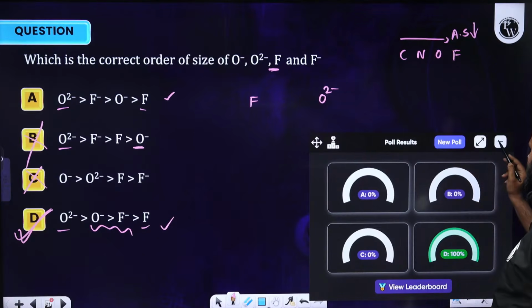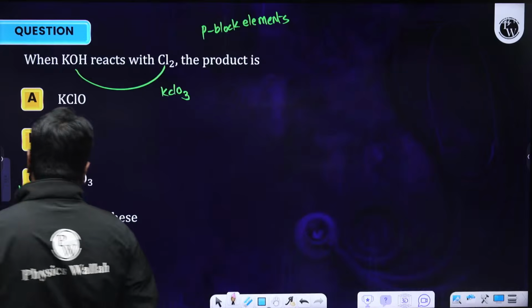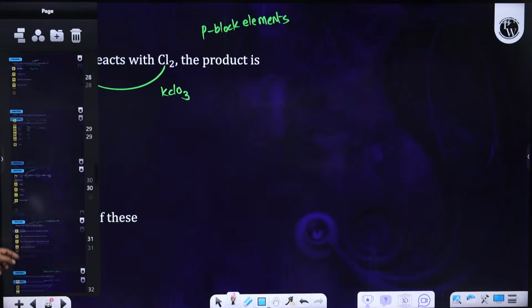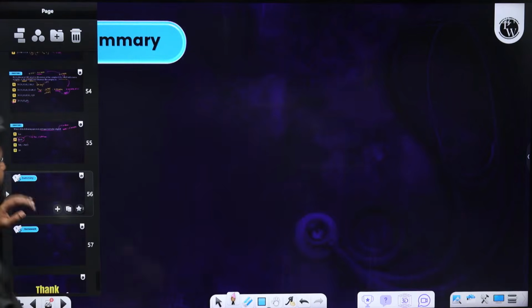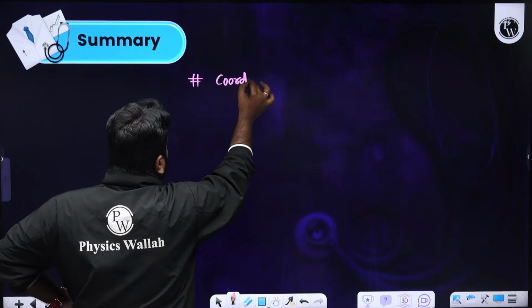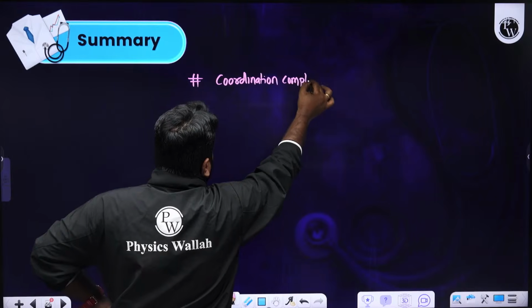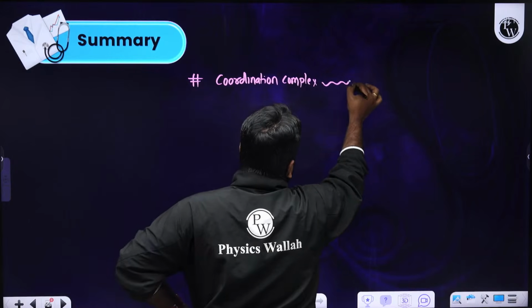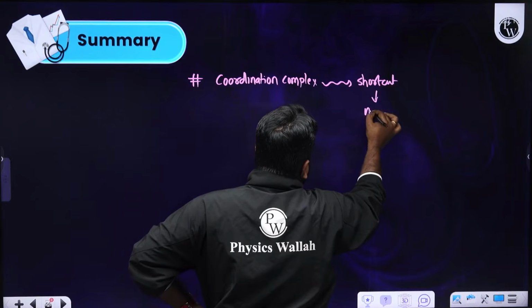So with this exactly I am finishing today's class, my dear students. All the questions we discussed. So once again I am telling, the main thing is in the beginning of the class for coordination complex, I gave the shortcut to calculate hybridization.